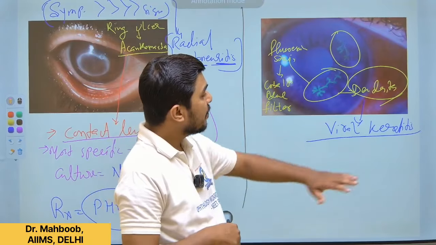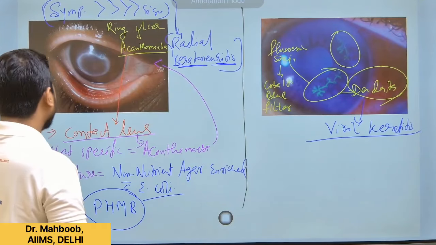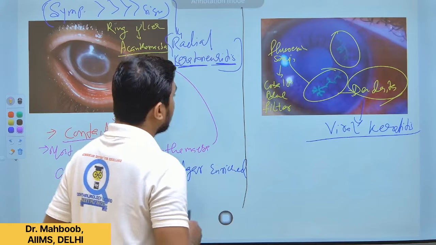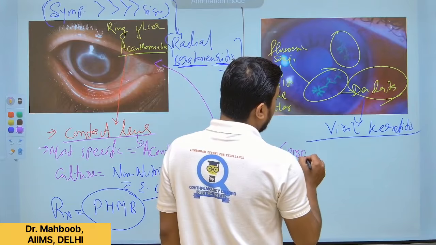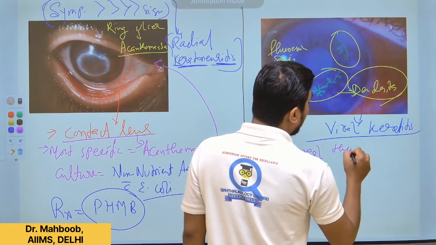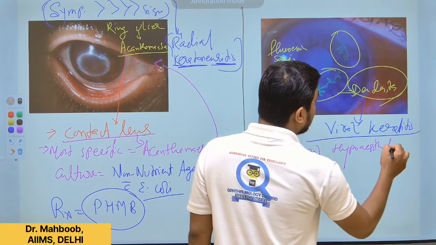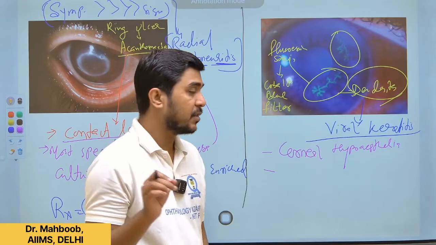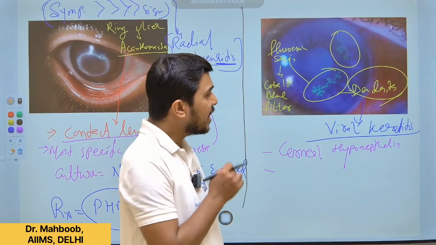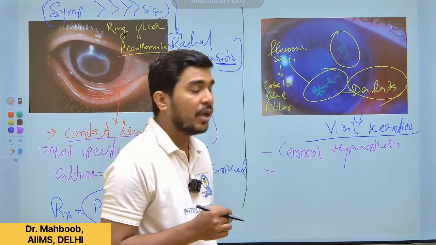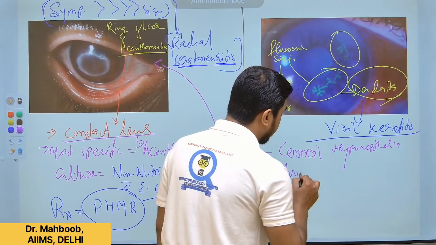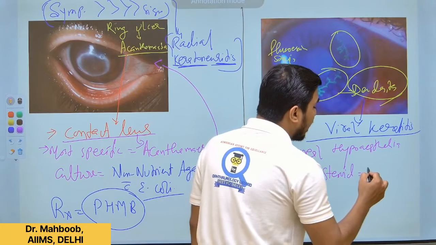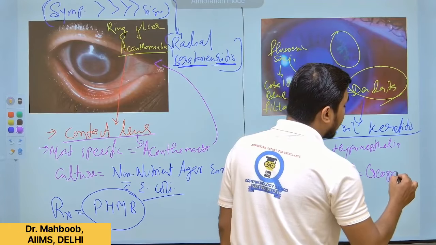Now in viral keratitis, obviously there is corneal anesthesia or hypoesthesia, which means corneal sensation decreases. In viral keratitis you see the dendrites here, so avoid steroid because it can lead to geographical ulcer.